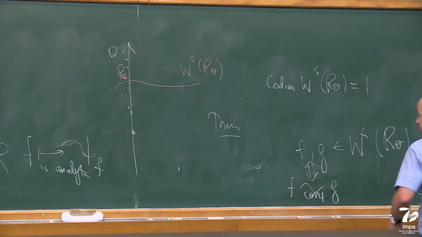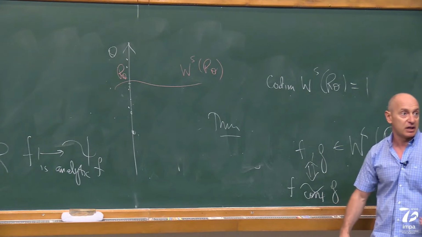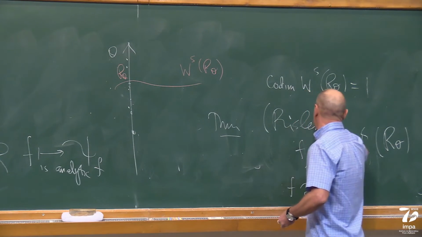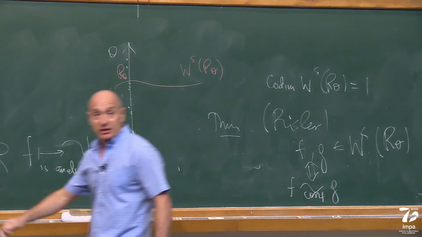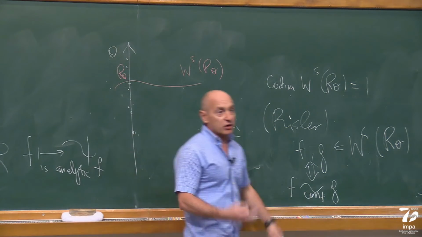So this is a stronger version of something that has been previously proved. This was proved by Rissler, who was a student of Yoko's, by different methods entirely, because he used renormalization as a geometric tool and not as an analytic operator. So here we get a very strong version of rigidity.